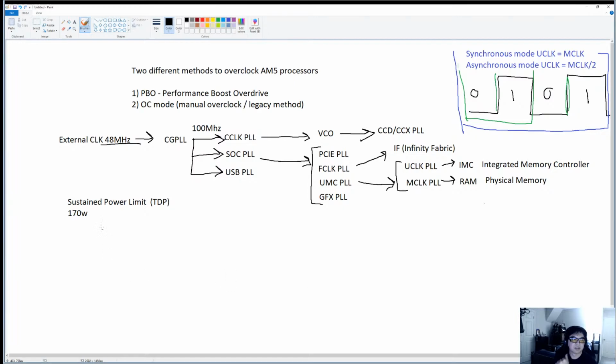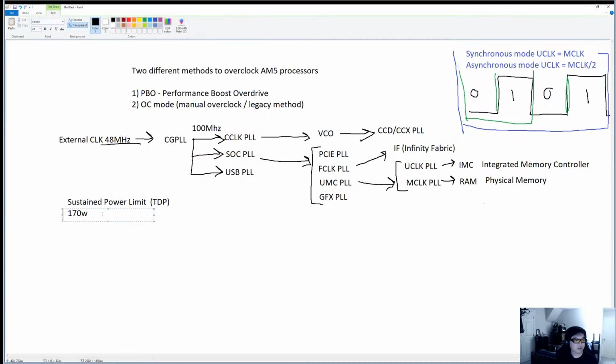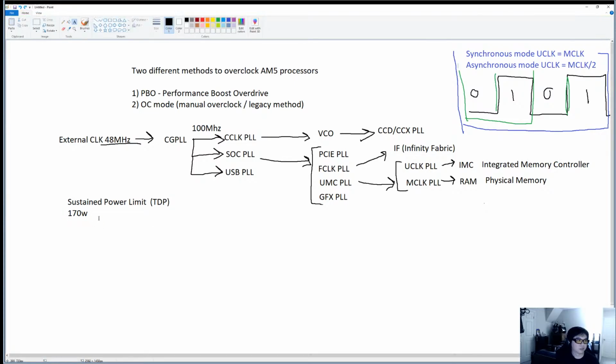So, let me go back here. We'll just delete it. This is the stock, right? So when we're talking about the Ryzen 9s, the 170 watt is typically the 7950's stock configuration. Now there is an eco mode. I've talked about this in a separate YouTube video.